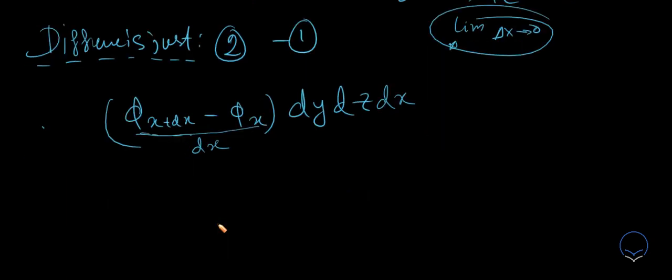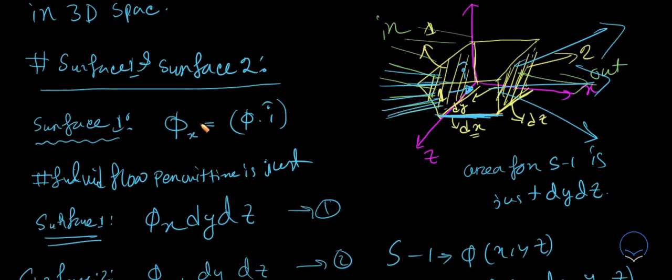So this is the formal thing, but since we're doing it a bit informally, let's carry on with this. And now we say that the limit of dx goes to 0. You just have to stick with the notation, because we want to see what happens in the infinitesimal area.